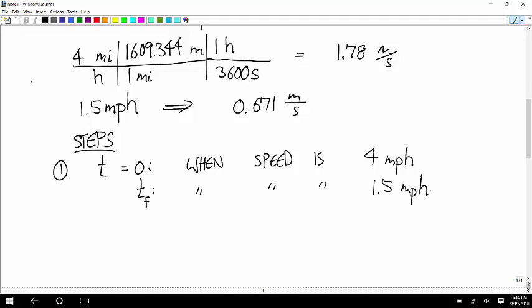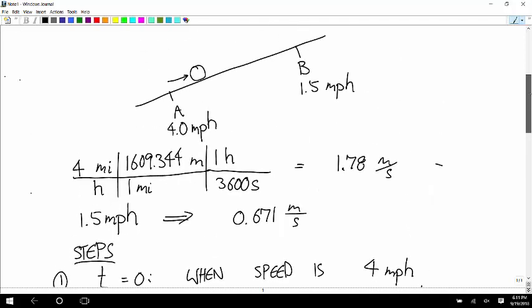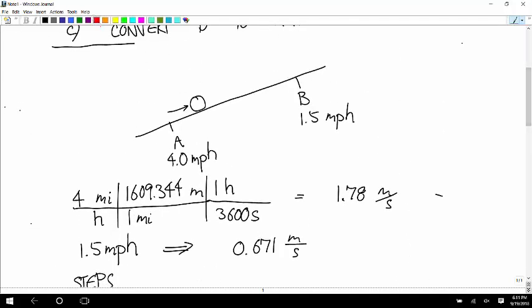And now we have to choose a 0 position and a positive direction. That's all. You can choose these anywhere and still do the problem. What do you want to choose as a position equals 0? Yeah, why not?